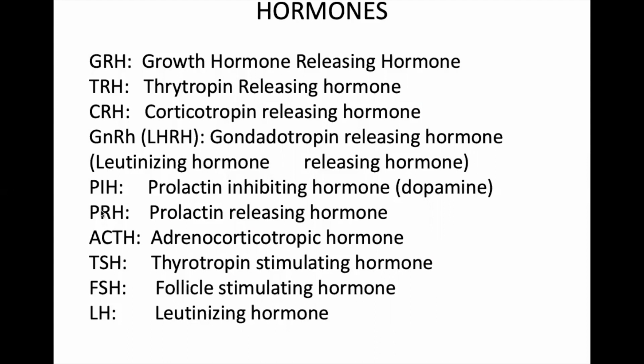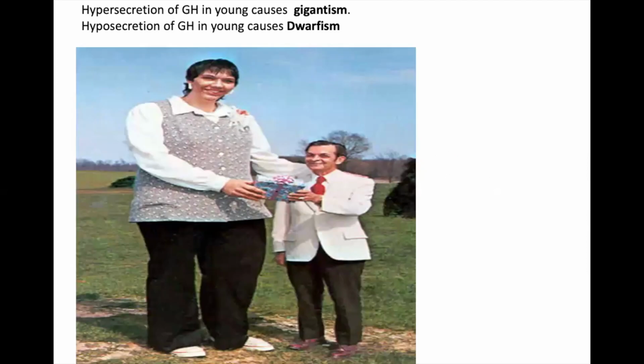Who will release these? Again, the hypothalamus. Then TSH, thyroid stimulating hormone. Who will release this? It is released by the anterior pituitary gland. I hope by seeing this, you can locate which gland is releasing which hormone.